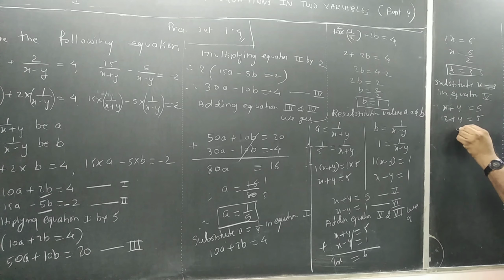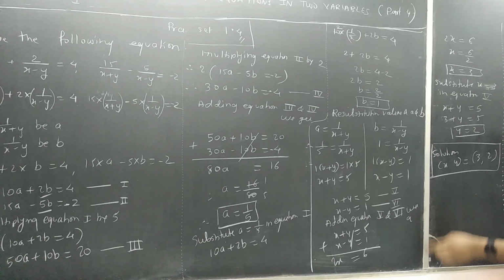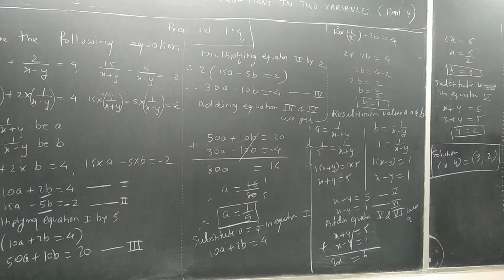So y is equal to 2. So what is the solution now? x comma y is equal to 3 comma 2 is the final answer for this question. Have you understood this? You have to go through it properly and answer it properly now. Okay, copy down.